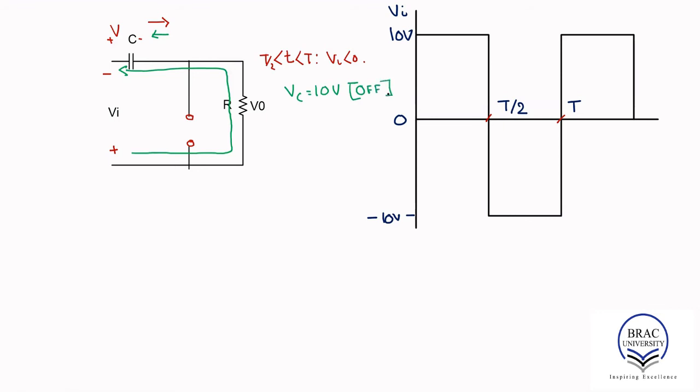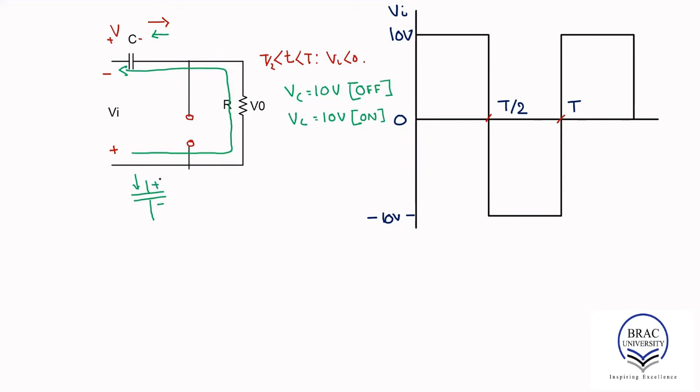Now, one thing you should be very careful about is the polarity. When the diode is on, we selected Vc equal to 10 volt, the same voltage. The polarity of the capacitor will remain the same irrespective of whether it is charging or discharging. If the capacitor is charging, this will be the polarity.